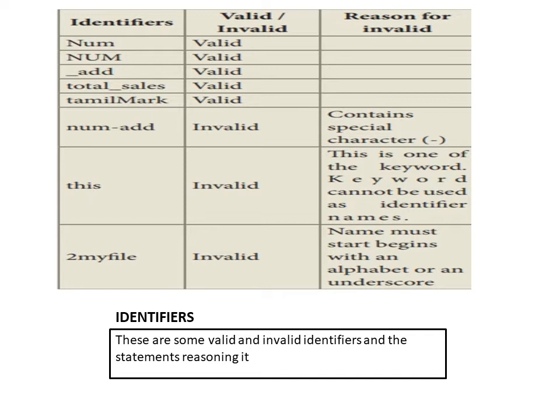If it was typed in uppercase, we could have used it as an identifier, but it's typed in lowercase. And this is already used as a keyword, so we cannot use it as an identifier. The next one starts with a digit. We cannot start with a digit, we have to start with a letter. That's why it became invalid.